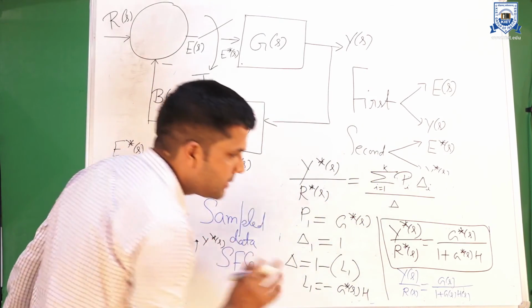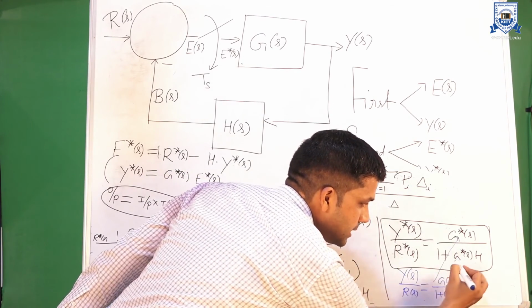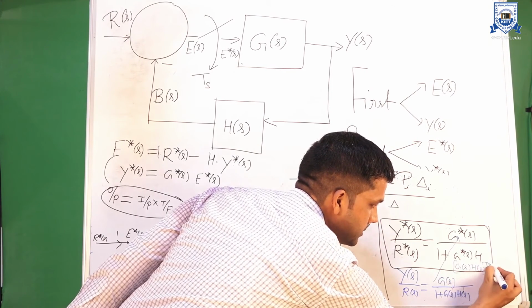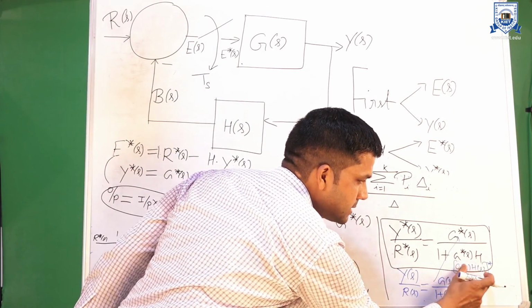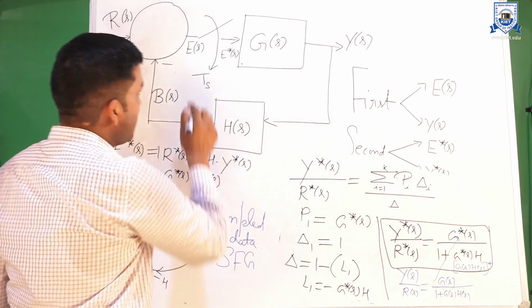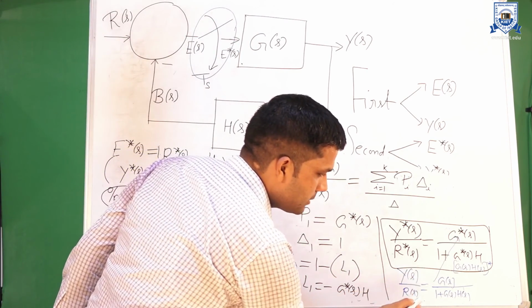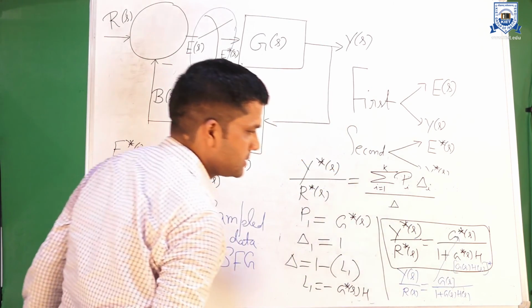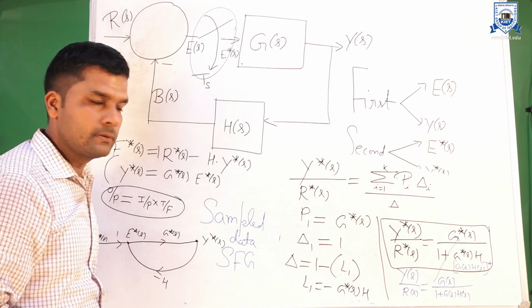If we compare, G is replaced by G star(s), and G(s)H(s) is replaced by the sampled value of G(s)H(s), that is, the whole product sampled. So the sampler changes the transfer function according to the values. All values are sampled in the sampled data control system, and this is also called the pulse transfer function. Okay, thank you.